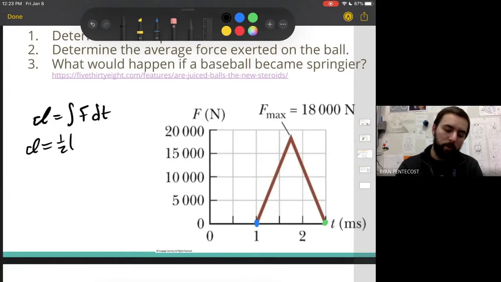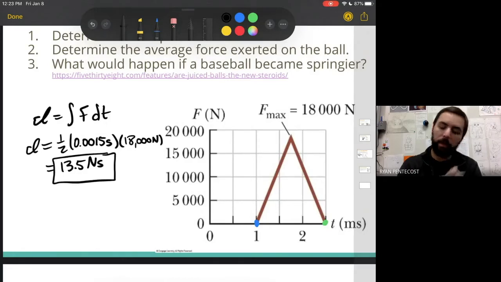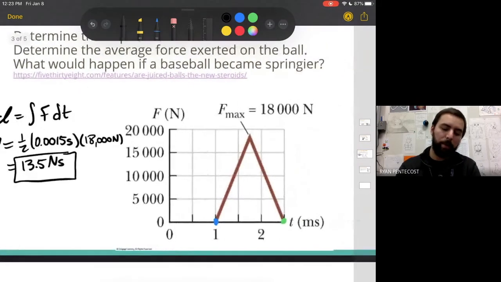The base is 1.5 milliseconds or 0.0015 seconds. And then your force or the height of the triangle is 18,000 newtons. And when you put that in your calculator, that will come out to 13.5 Newton seconds. That is the impulse on this baseball. A lot of force in a very small amount of time.